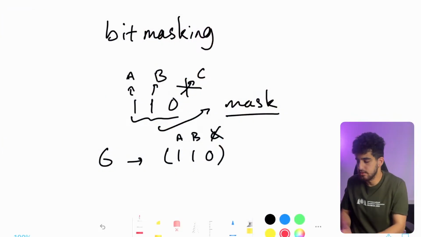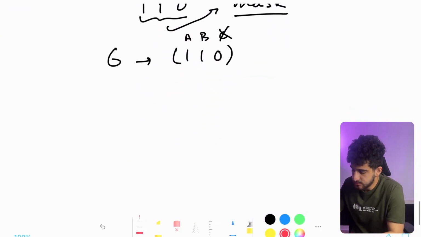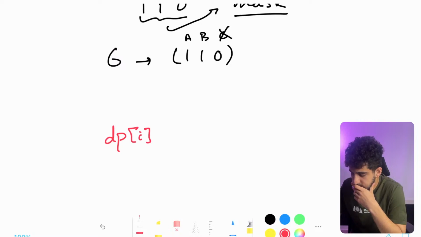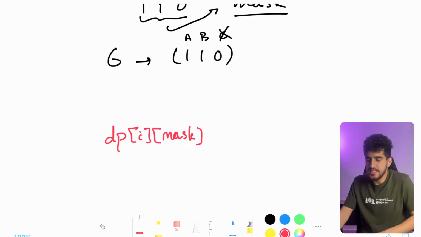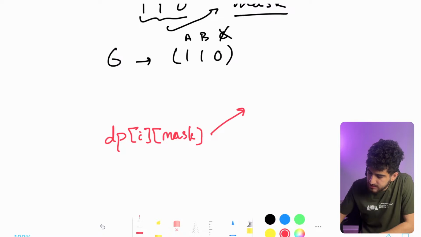Okay, so basically what we are saying is that right now we are at DP of, for example, I at some mask. Right now we have some bits. The point is that I can go to DP of I plus 1 and either buy this new juice.